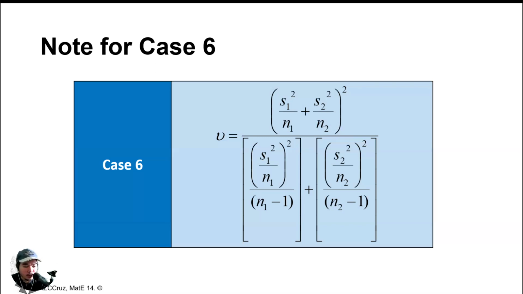Okay, so proceed tayo sa, let's try to simplify this formula. Para pwede niyo siyang magamit, no? And I think sa isang example natin later, magagamit natin siya. So kailangan natin siyang i-simplify.